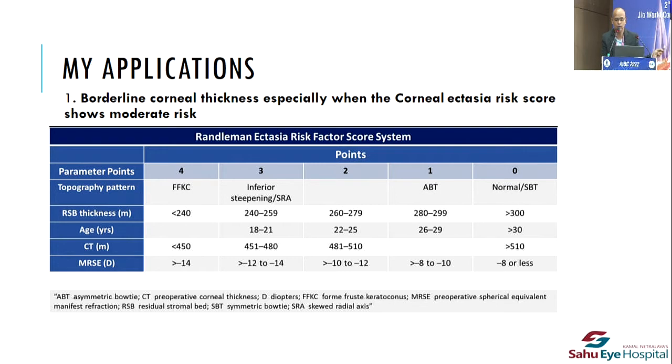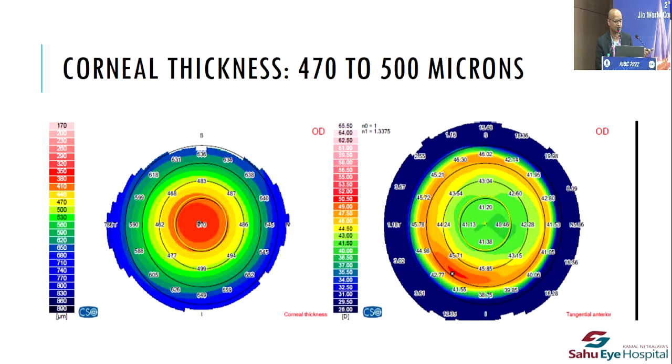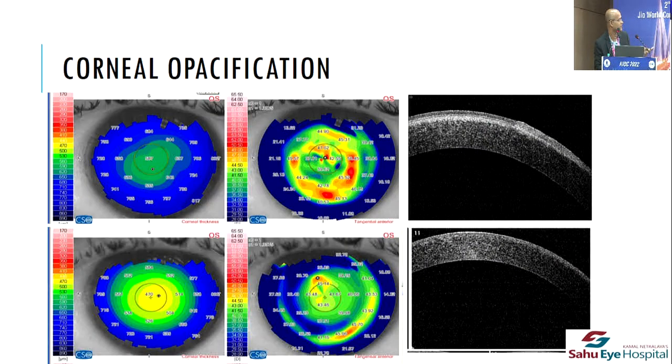That has enabled me to do a lot of TRANSPRKs in borderline situations. So when we have the ectasia risk score and you are in the moderate risk zone, I end up doing a surface ablation. These are examples where you have a thinner cornea.